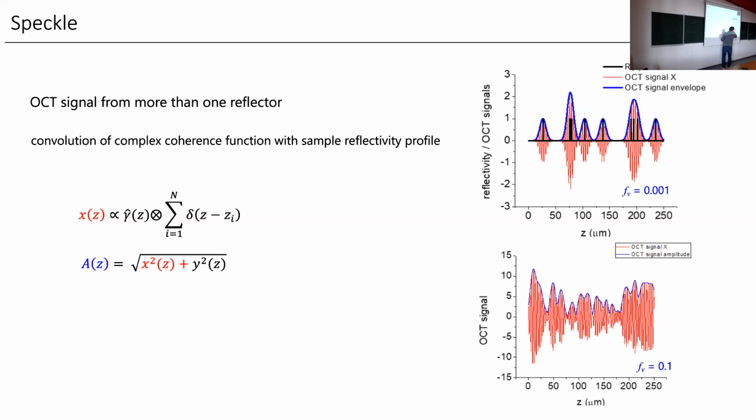And then here is the complex signal, where the red is the real part and the envelope of that is shown. Mathematically, we can write this as the convolution of the response to one reflector with a sequence of reflectors.